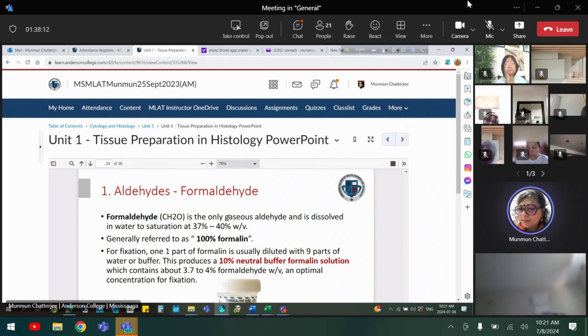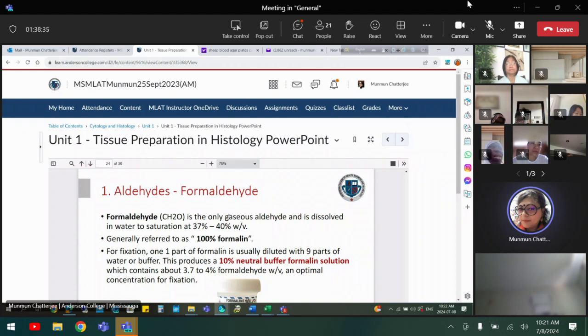When you dissolve this gas in water to saturation, it is called formalin. What is the saturation? 37 to 40% formaldehyde.